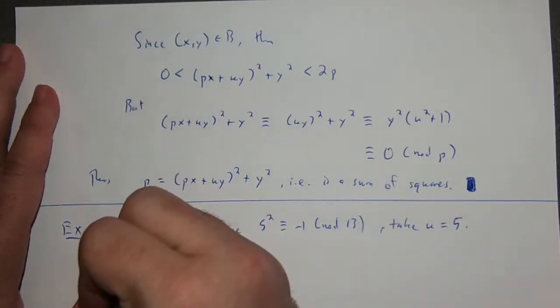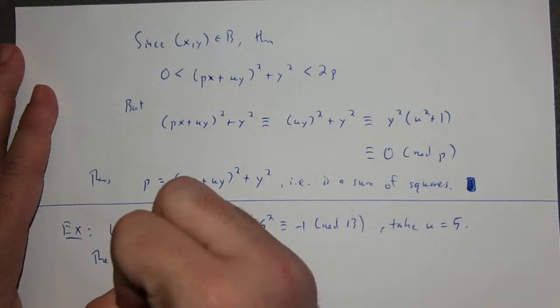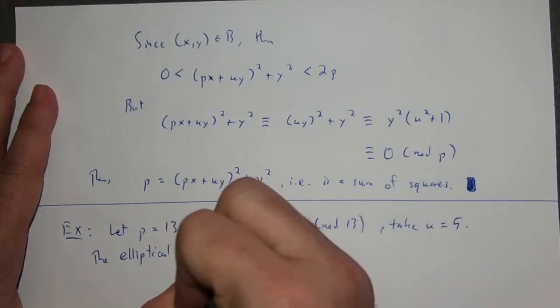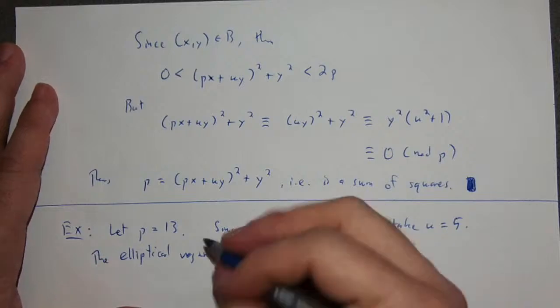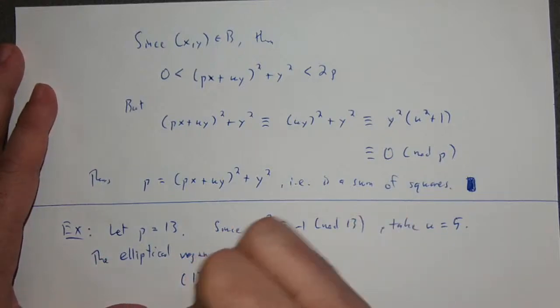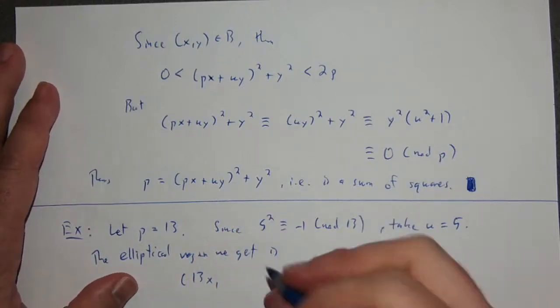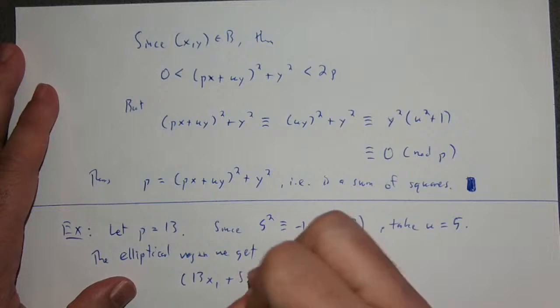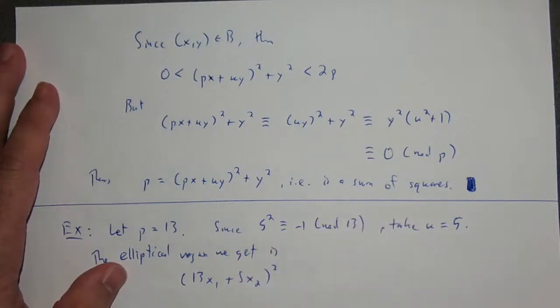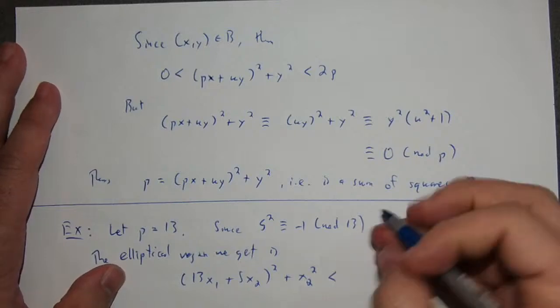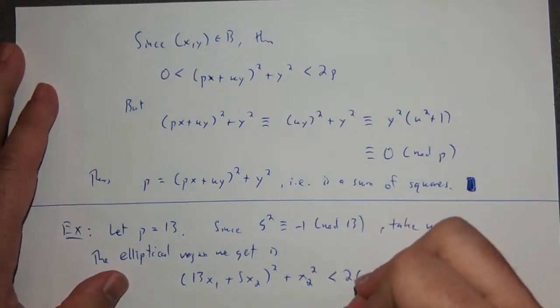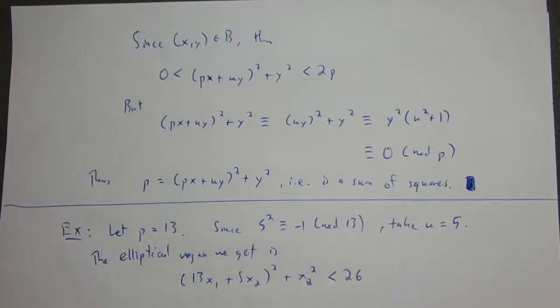So the elliptical region we get is the one that's defined by (13x sub 1 plus 5 x sub 2) all squared plus x sub 2 squared is strictly less than 26. That's 2p, so 2 times 13, 26.